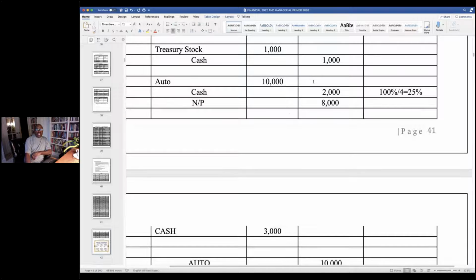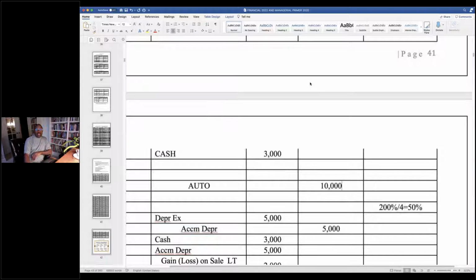That depreciation we took, we're gonna bring that account in here too. So we're gonna get accumulated depreciation. So we're gonna debit that account because that goes with that asset.